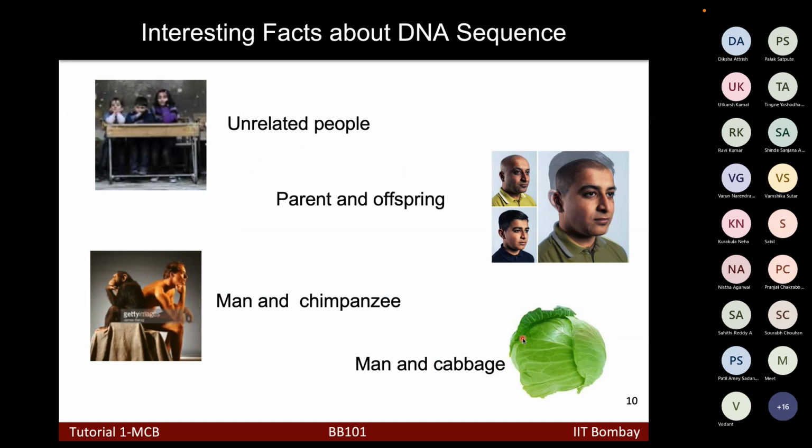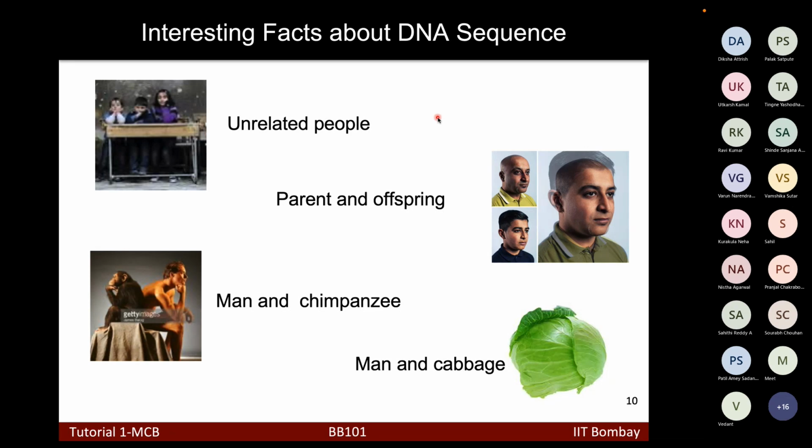The DNA sequence is unique for every individual. Even though it's unique for every individual, that doesn't mean that none of us have any similarities. Even in the case of unrelated people, a certain fraction of our DNA is the same. That's why, even though we are different, we do look alike, right? We have 2 eyes, 2 arms, 2 legs.